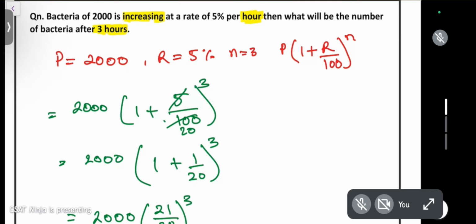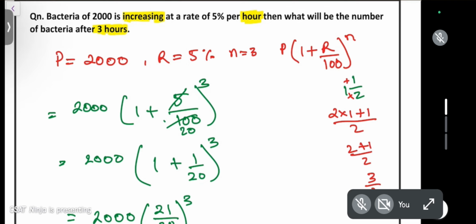When you have a mixed fraction, like 1 1 by 2, we multiply by the 2 and add the 1. That means 2 into 1 plus 1 divided by 2: 2 ones are 2, plus 1, divided by 2, which is 3 divided by 2. That's a simple trick I'm using here.